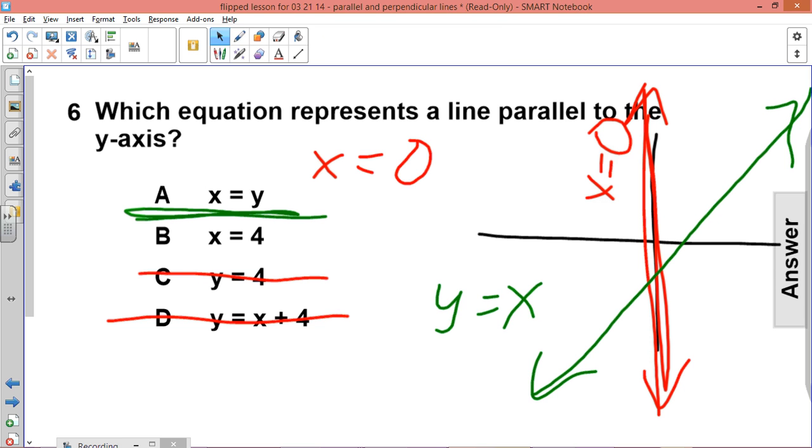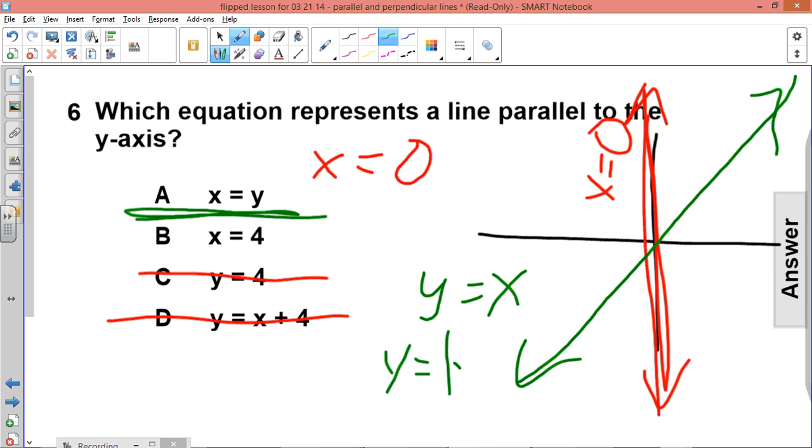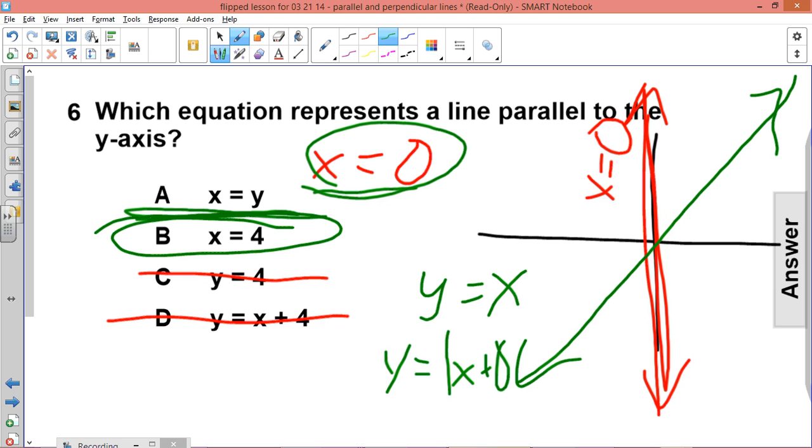I'm just going to move it up because it actually goes through the origin. This is really y equals 1x plus 0. That is nothing like x equals 0. If it has a y in it, it is not going to be parallel to x equals a number. We're looking for another equation where it is x equals a number, and our answer is B.